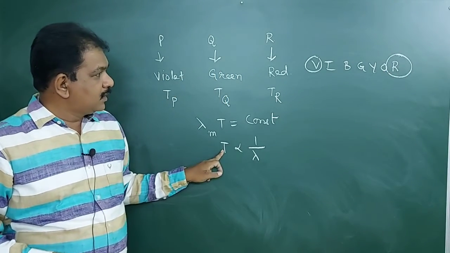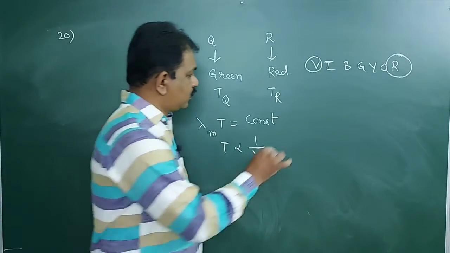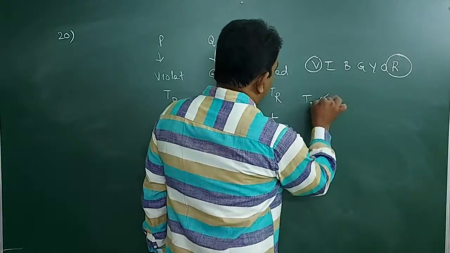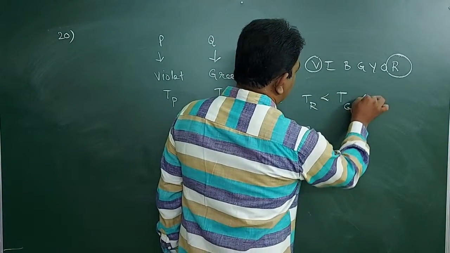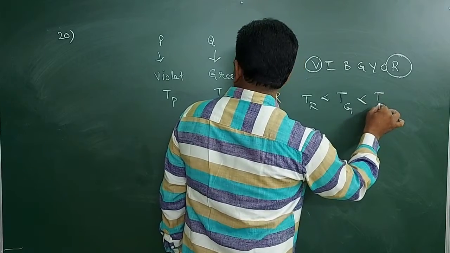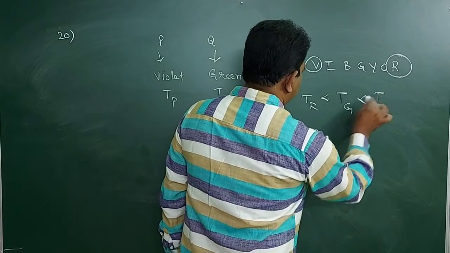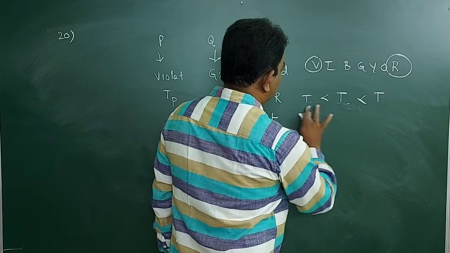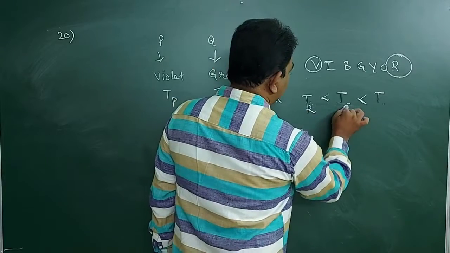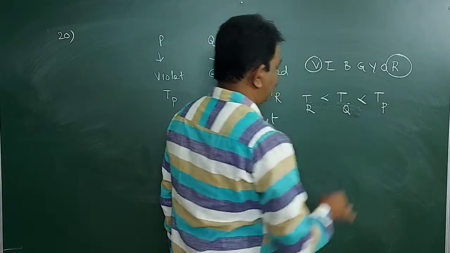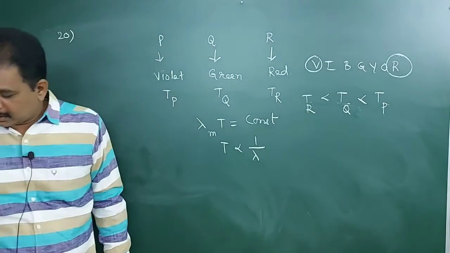Wavelength is more means temperature is less. So Tr will be less than Tq, less than Tp.